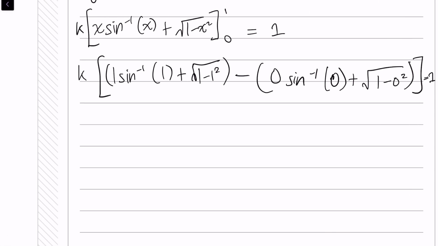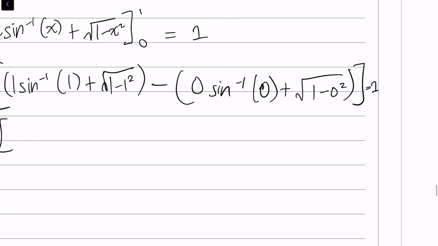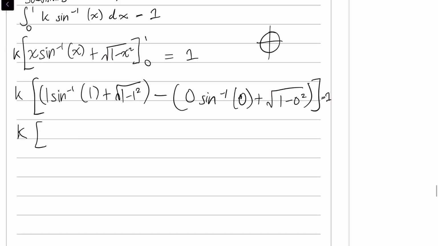Right, so my sine inverse of 1, if I think about that for a sec, check my unit circle, and my sine value is always the y, and my cos value is the x.